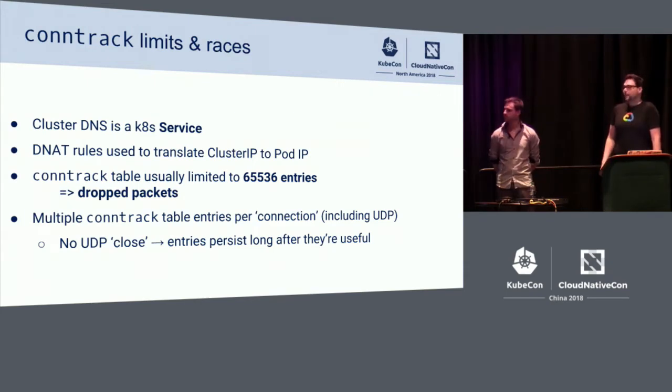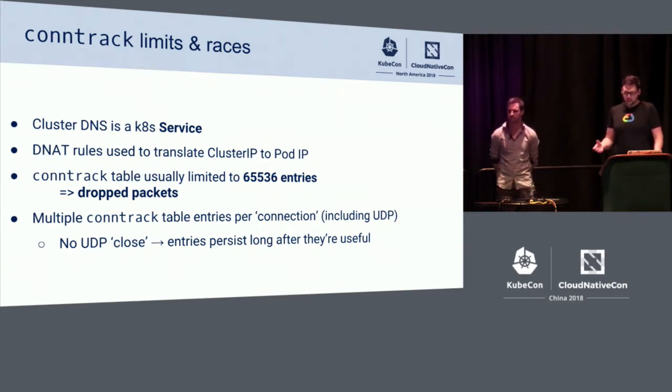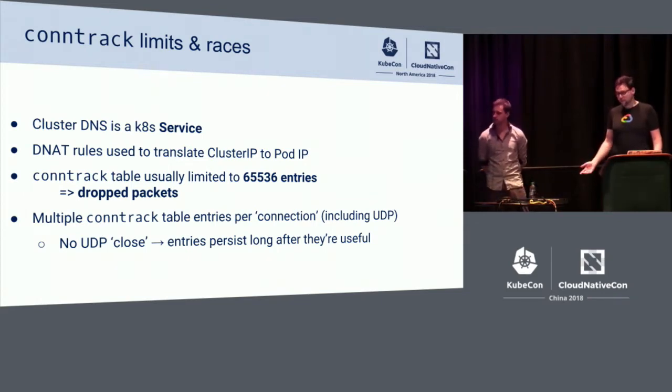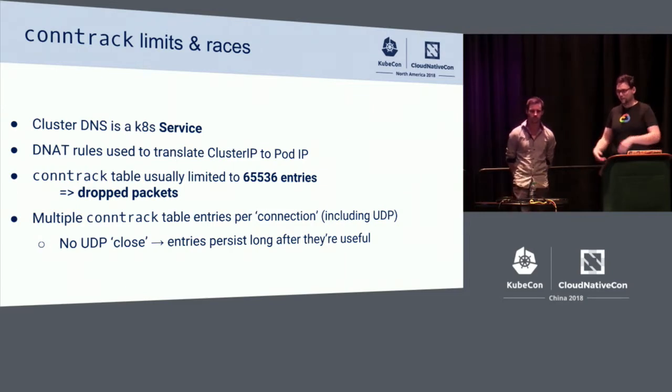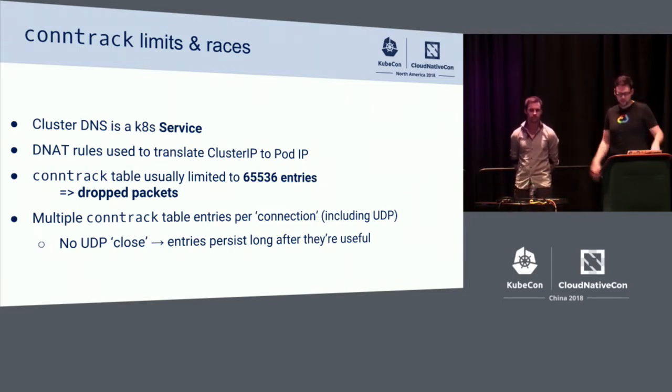These matters are severely aggravated by the way that Kubernetes services are implemented, including the cluster DNS itself. When cluster IPs are resolved to a specific pod IP, the NetFilter suite's conntrack table becomes a critical bottleneck and single point of failure for lookups directed to the cluster DNS, those that are cluster local addresses. This is partly because Linux installations normally limit the maximum number of entries in this conntrack table to something that might have been classically reasonable back when a megabyte or a gigabyte was unthinkable.